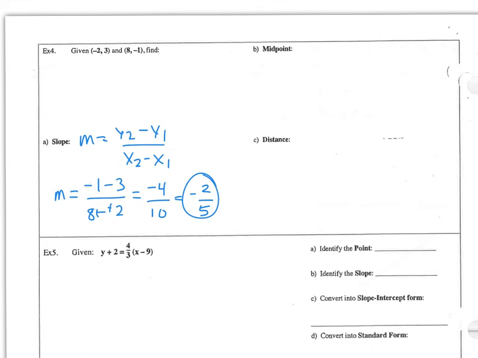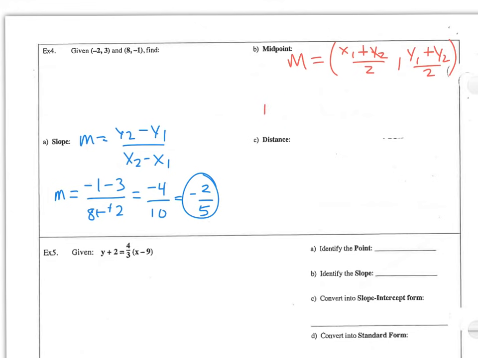Midpoint. Remember that midpoint, capital M, is equal to the sum of the x's divided by 2 and the sum of the y's divided by 2. We talked about how the midpoint is in the middle or the average.